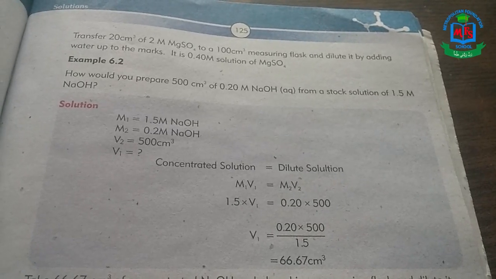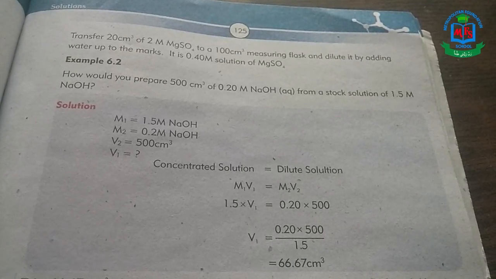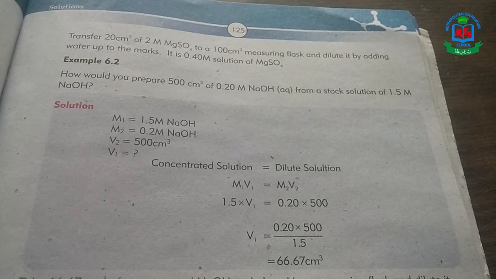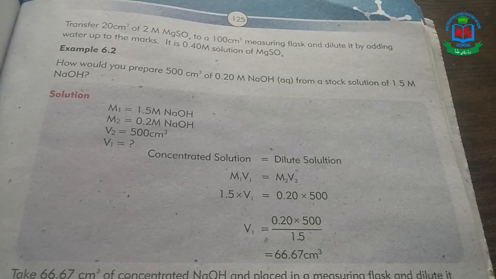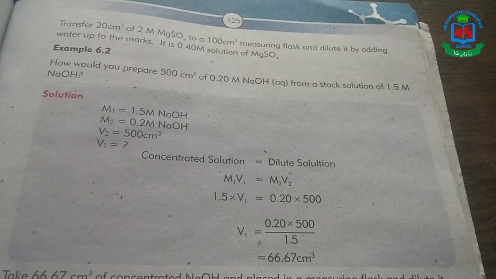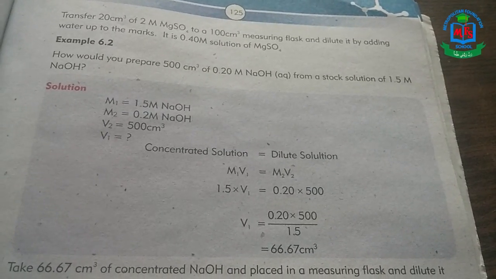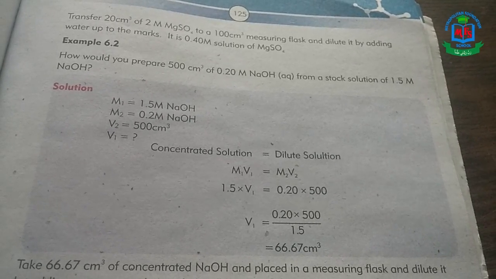How would you prepare 500 cm cube of solution? In this numerical we require V1. First of all, the first step of the solution is to write the formula. We should know how to prepare a dilute solution from a concentrated solution.